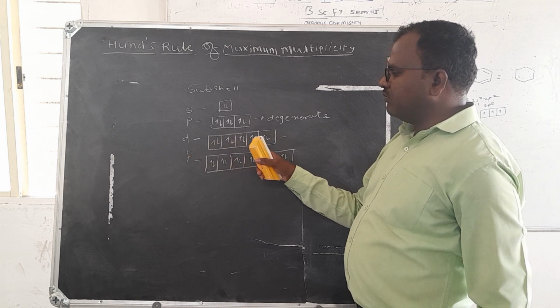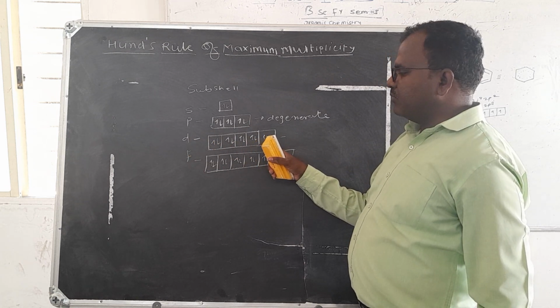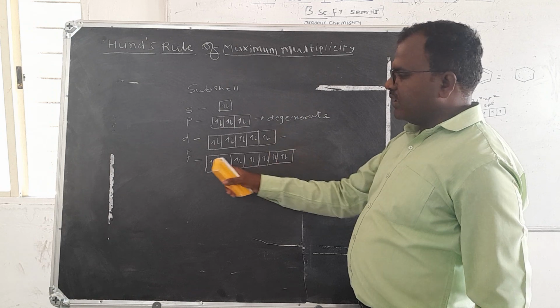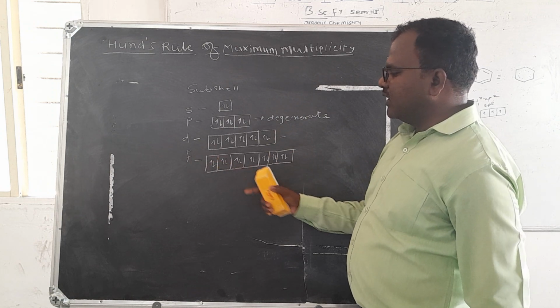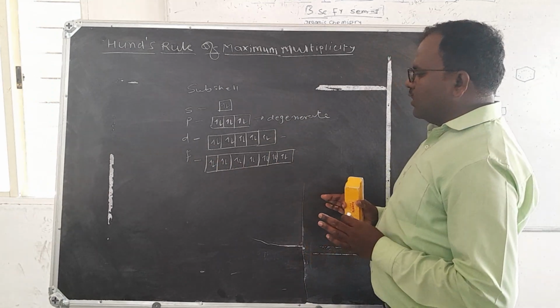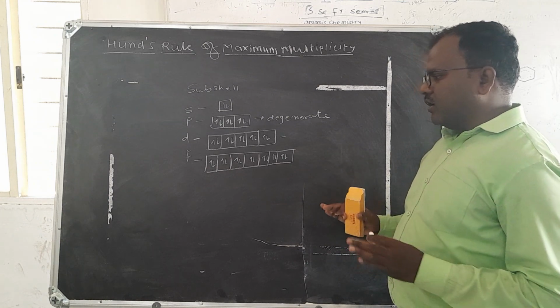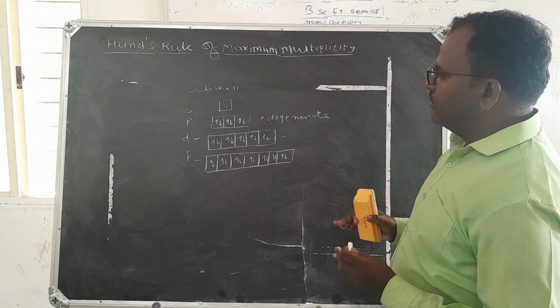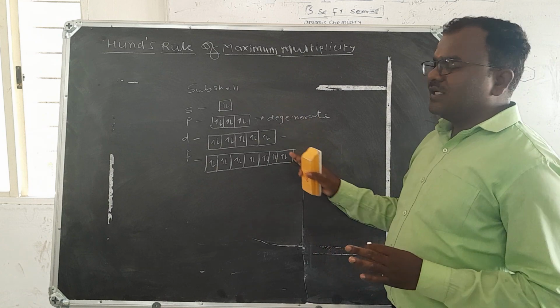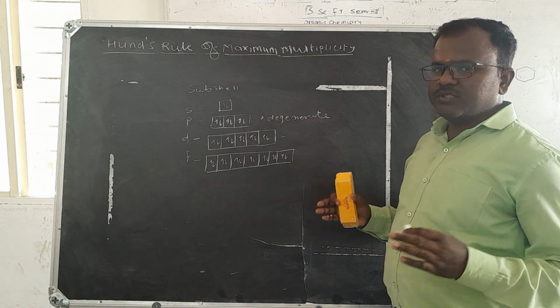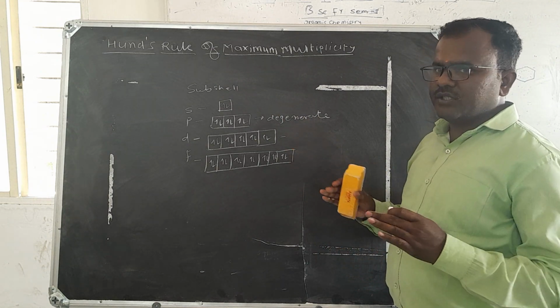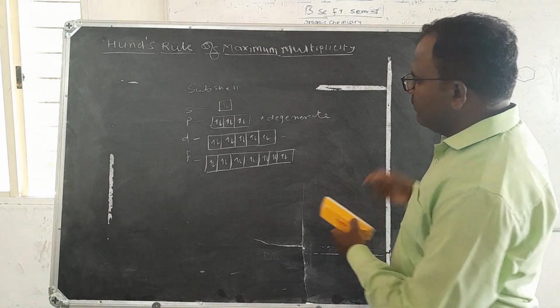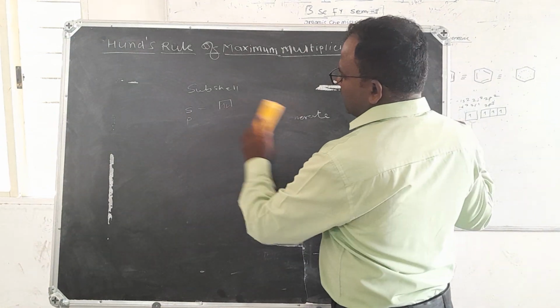The d subshell has 5 orbitals, with accommodation capacity 10. The f subshell has 7 orbitals, with accommodation capacity 14 electrons. These are the degenerate orbitals, meaning these orbitals have equal energy. Then we discuss the examples.